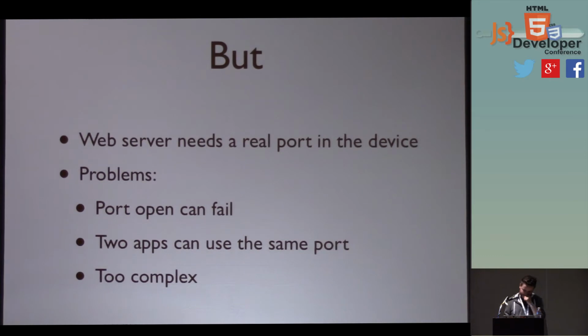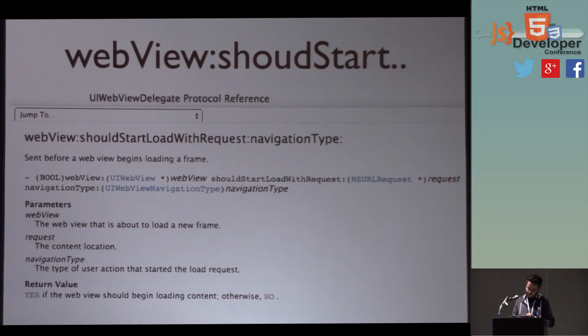But the problem is that opening the port can fail, and if there are two apps running on the same device that use the same port, then the app will just crash. And it's too complex for this. And then in iOS, for example, there's a method in WebView where, when it starts loading a request, you get a callback.